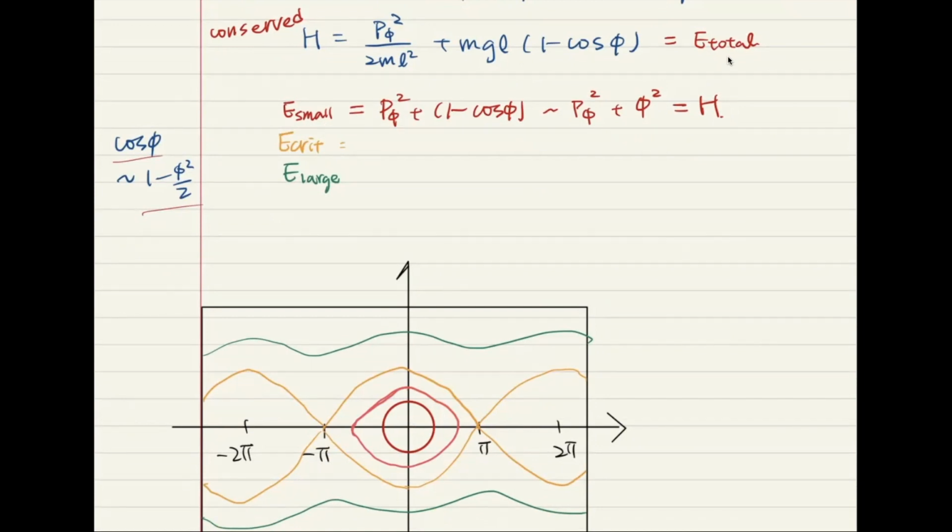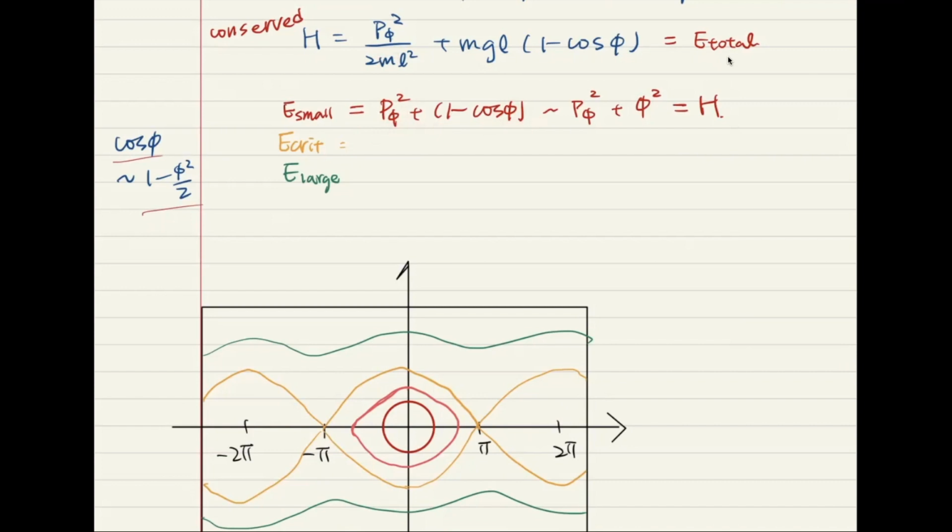So say when the energy is very small, then you can imagine the P phi will be very small, and the angle will be very small. I'm going to ignore all the constants here because they're not going to affect the shape of the trajectory. So I'm just going to say these are all either 1 or 1/2, and that's my Hamiltonian.